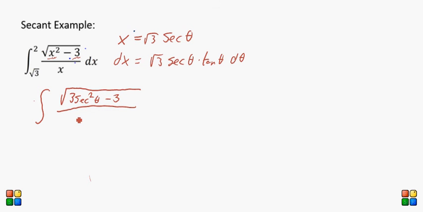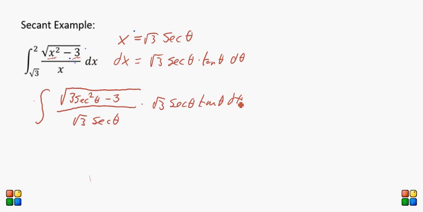In the denominator, I just have x, which was the square root of 3 secant theta, times dx, which is the square root of 3 secant theta tangent theta d theta. And again, this looks like a long integral, but we can see that this simplifies, and it simplifies in more ways than one. First and foremost, we should expect that square root to vanish.